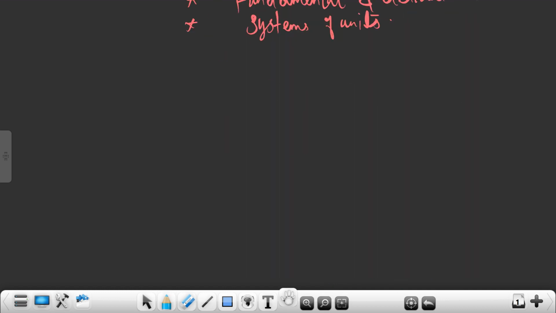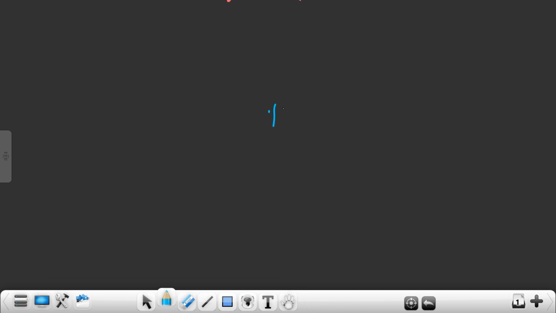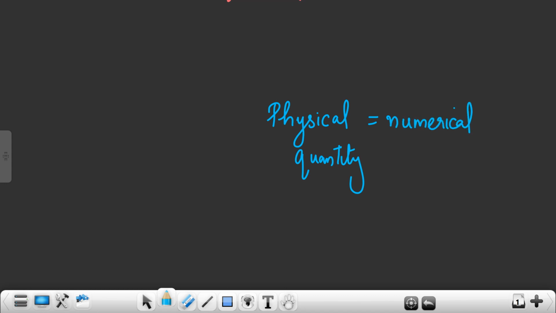And a physical quantity can be expressed like this: physical quantity is equal to numerical value into unit. For example, if you are measuring the length of a piece of cloth, length is a physical quantity, and the length of the piece of cloth is 10 meter.